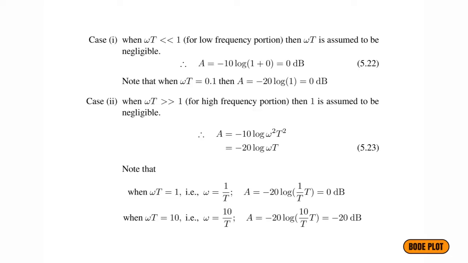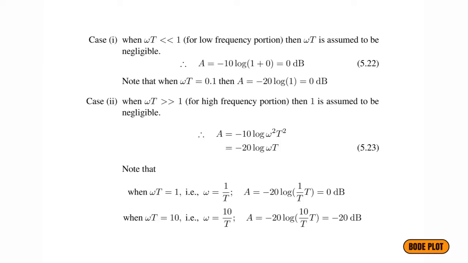Here, A equals 20 log of the magnitude, and you consider omega tau far less than 1. Omega tau is negligible, we are approximating it to 0. That's why the magnitude becomes 0. So when the frequency is very small, the magnitude is 0.